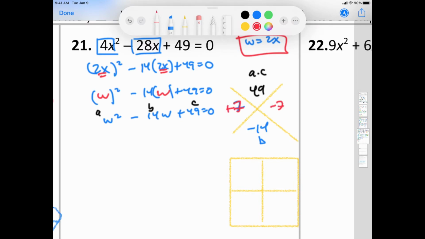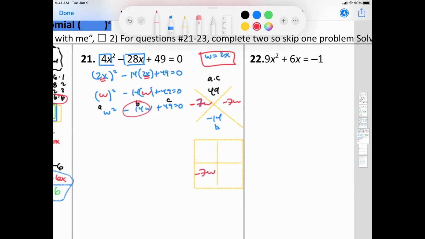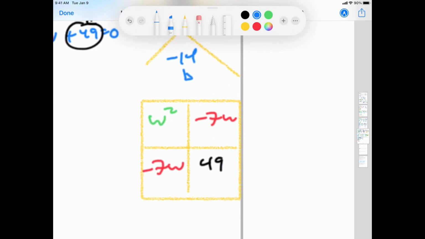Positive 7 and nope, that's going to be negative 7. Negative 7 times negative 7 is positive 49. Negative 7 plus negative 7 equals negative 14. So that represents the middle term here, so I'm going to add a w in there. You could have used x if you wanted to. And 49, that last term is always in the bottom there. And then greatest common factor: w, negative 7, w, negative 7.